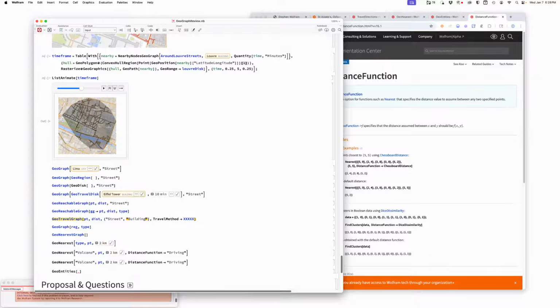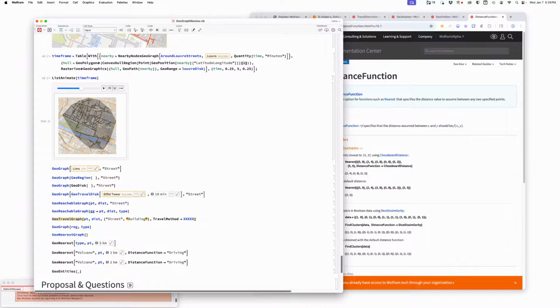Right. So in GeoTravelGraph, the third argument says what kind of thing to show, what level of street to show, but it's got to be a street-like construct. Just like in GeoGraph, it's got to be a one-dimensional construct, not a zero-dimensional construct.